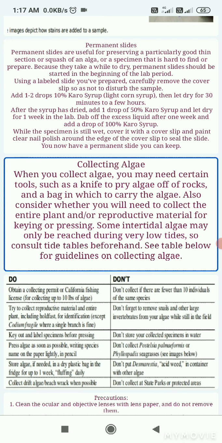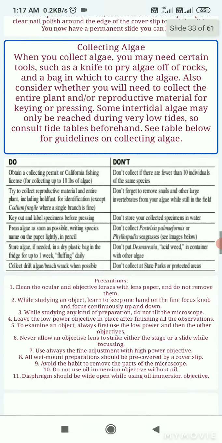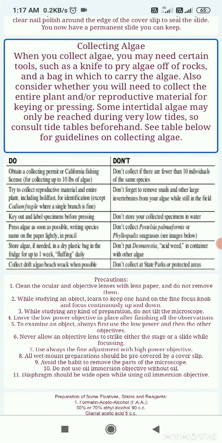Later on, there is a small procedure, that is the collection of algae, and when we have to collect algae, there are many more things to do. Here we have enlisted what we have to do and what we have to avoid.